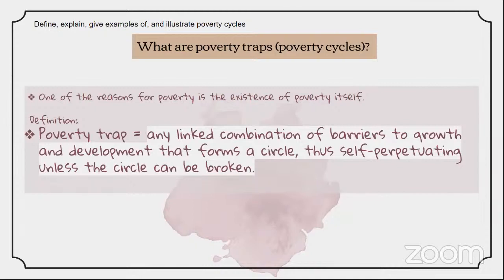so we move on to the chapter on barriers to development. First we start with the poverty trap, also known as the poverty cycle. Not all families, of course, but for a lot of poor families in poor countries, and even here in Malaysia it is possible, the poverty in the family starts from long ago and is passed down to future generations.